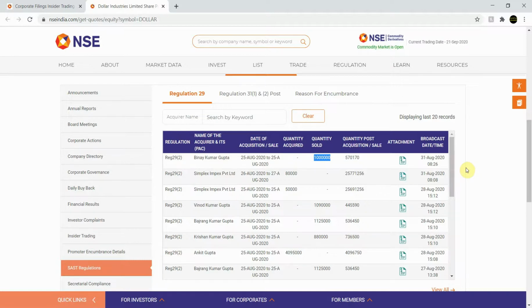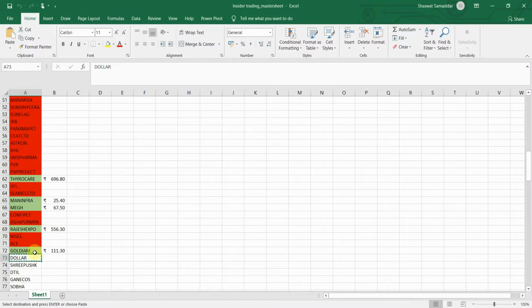As we started doing the analysis since 19th or 20th of September, I will calculate the past 6 months from 19th or 20th September. So as you can see, it fails the criterion because on 31 August 2020 there has been a selling reported. So let me just go ahead and color code it as red.